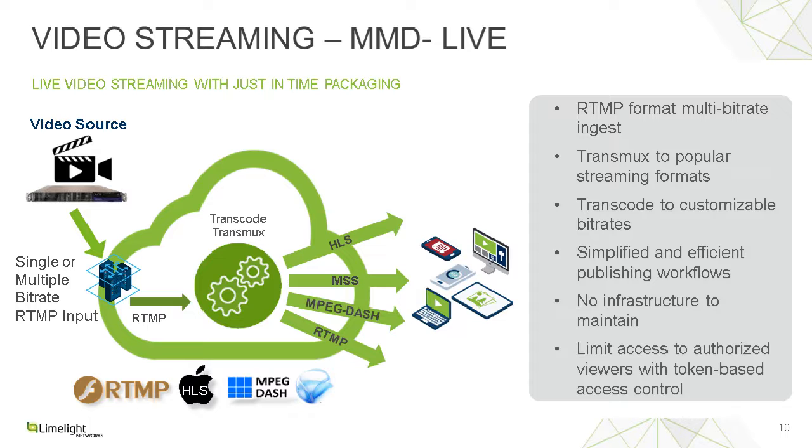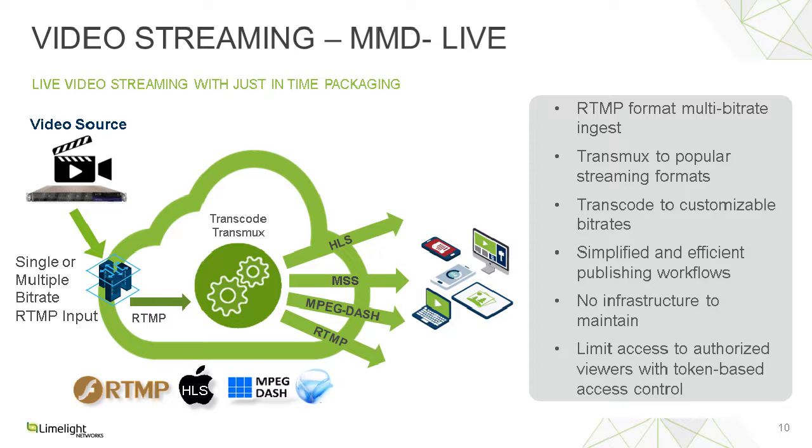If you're doing multiple bit rates, then all we have to do is transmux it into the different formats and deliver it out. If you're doing a single bit rate, we can stick with just transmuxing and delivering that single bit rate out, or we can add a transcode step here as well, where we take your single high quality 1080p rendition and we provide it as well as several lower quality renditions so that all devices can play it back. So all of that's customizable.